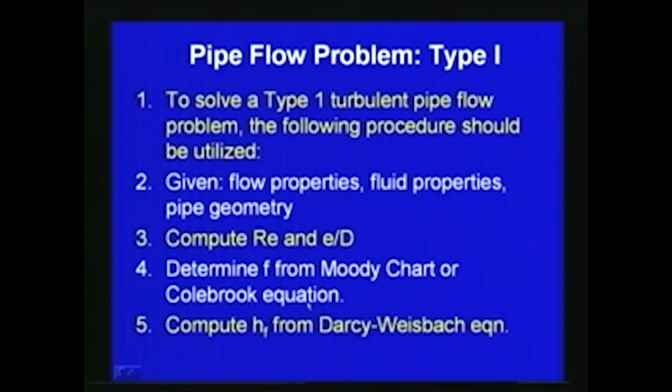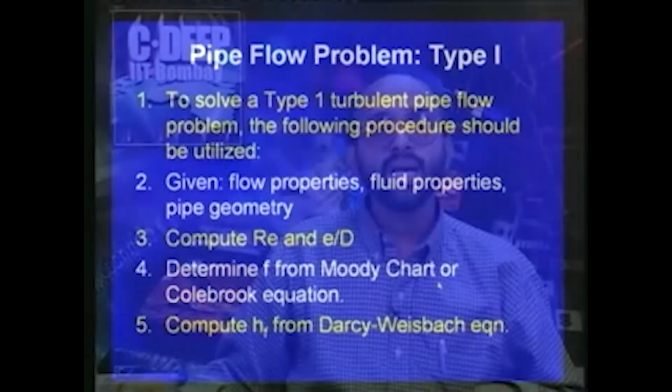Then we can find the friction factor by using the Moody's chart, or we can use some of the equations like the Colebrook equation, the various other equations we discussed earlier, or the Swamee-Jain formula. Once we get the friction factor f, we can directly use the Darcy-Weisbach equation to compute the head loss hf for the given problem. So, this is called a type 1 problem.